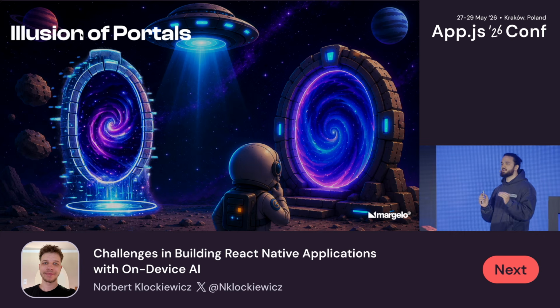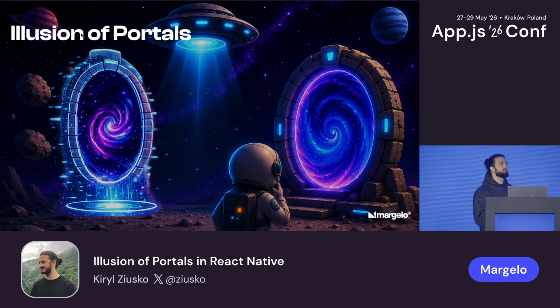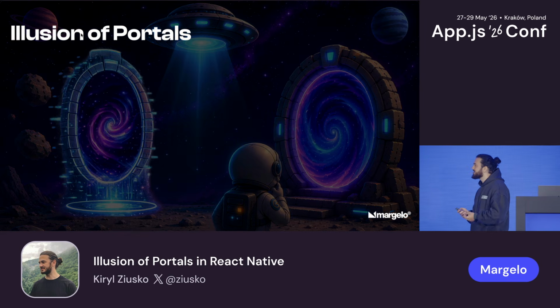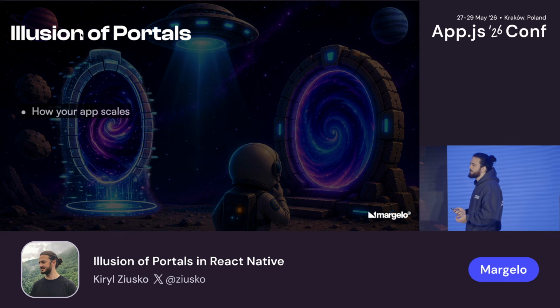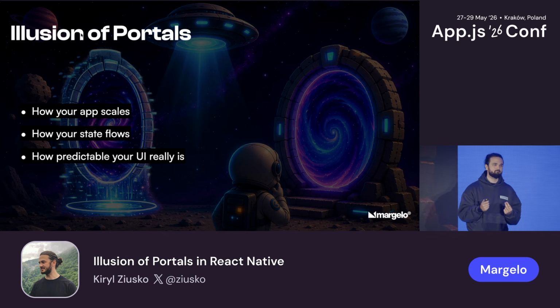And this is exactly where the title of this talk comes from: the illusion of portals. All these solutions give us something that looks like a portal, feels like a portal, but behaves differently where it actually matters. And that difference is not just theoretical. It affects how your state flows, how your app scales, how predictable your UI really is.